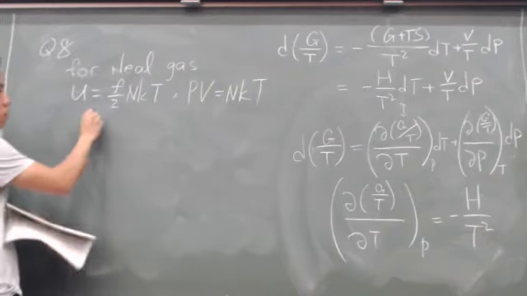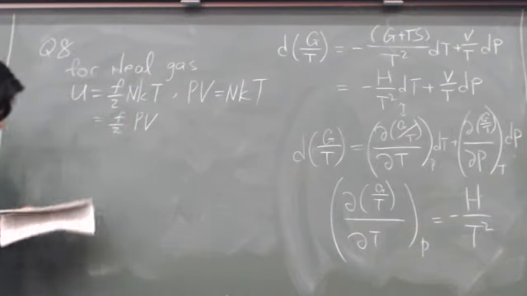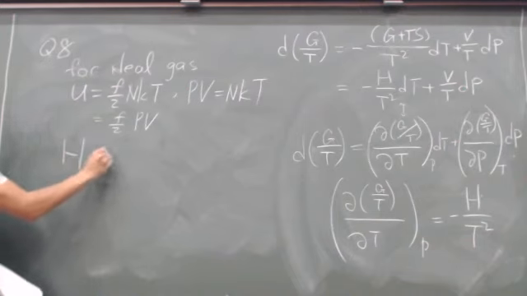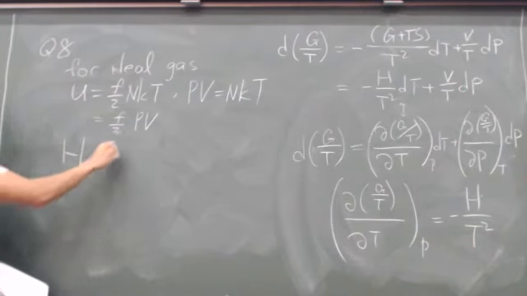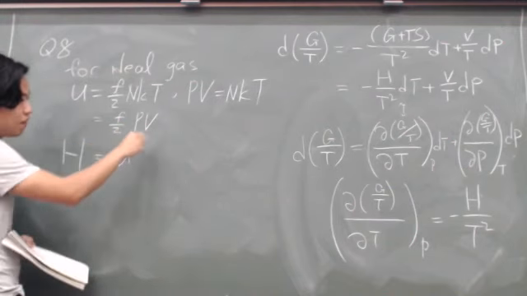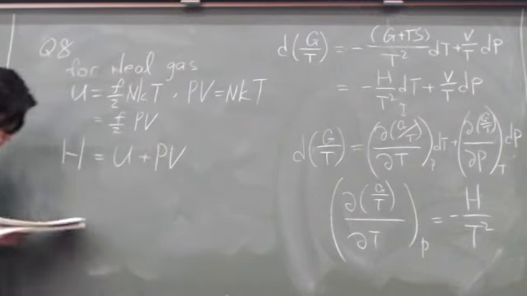So for the first one, you can say that's f on 2 PV. And the enthalpy, you know, is the Legendre transform of the internal energy, where you want to swap the P and V variables around. So it's U plus PV.